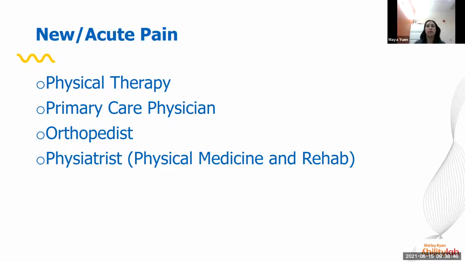When my family comes to me and says, Maya, I hurt my back or I hurt my knee, I very often do recommend a physiatrist because I feel like they're very proactive in care, very pro-physical and occupational therapy. And they do, in my opinion, a really nice job of looking at the patient holistically. They believe in the value of psychology and mental health intervention.